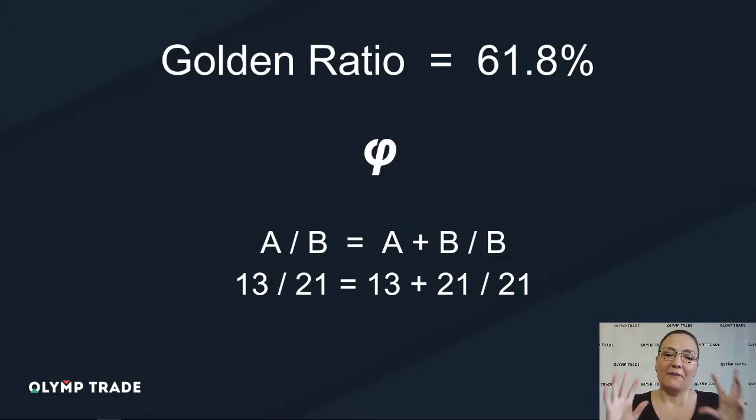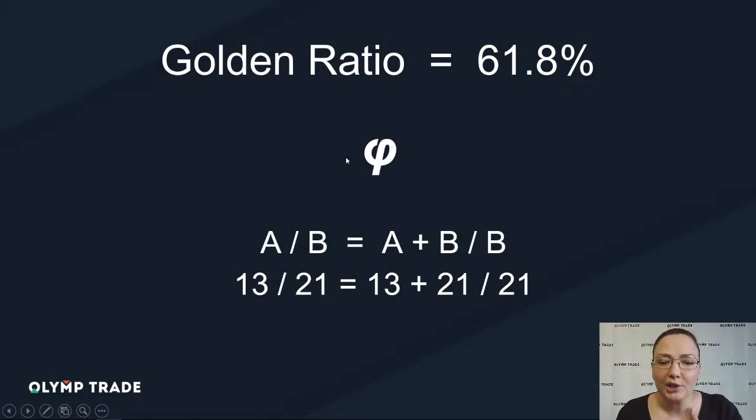Now, my friends, it may sound a little confusing, but the golden ratio means that the ratio of the sum of the quantities to the larger quantity is equal to the ratio of the larger quantity to the smaller one. I think it's easier to understand if you can see this equation right here.